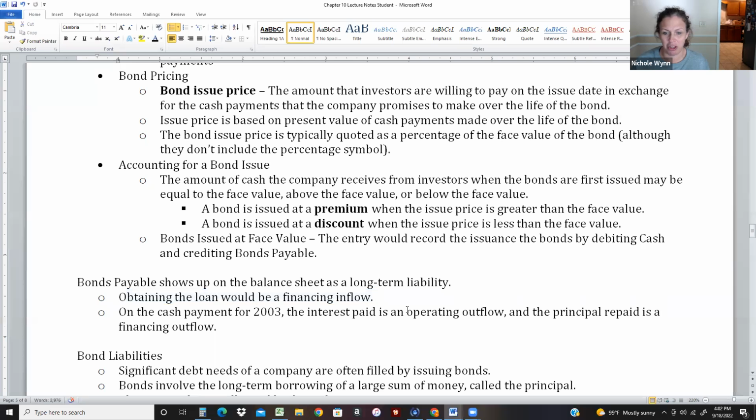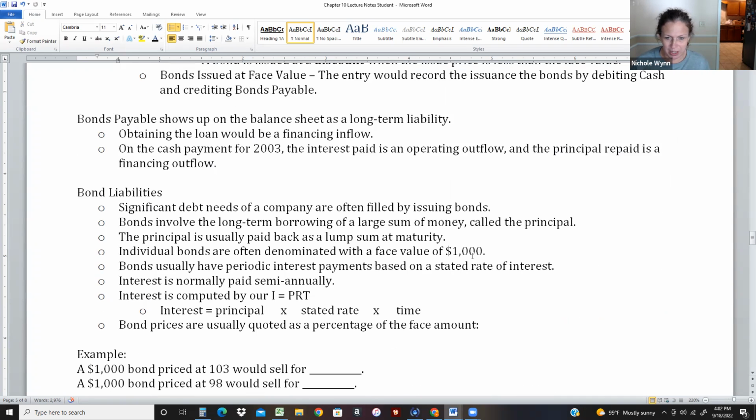And then interest is going to go in the operating section. So when we pay interest, it'll go in the operating section, and we'll talk about that next week. But when you repay the principal, it will be a financing activity also, because getting and repaying a loan is financing.